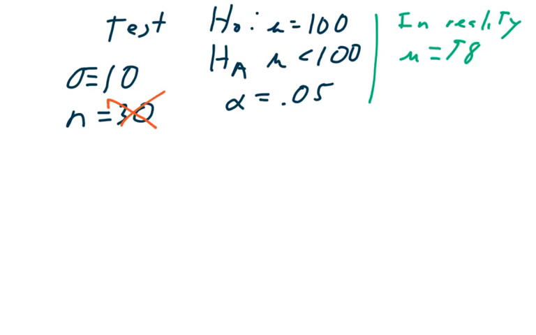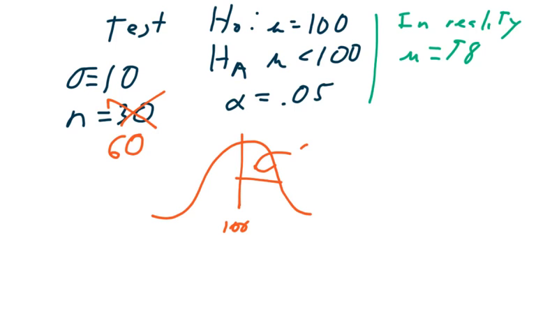The next thing we're going to do is increase n. Let's say that I double the number of people that I'm going to test. So sigma changes to be 10 over the square root of 60. And we're going back to our original problem, so we're still going to have an alpha equaling 0.05. So what is the value in which I'm going to reject? So we do our inverse norm, except we change the standard deviation.